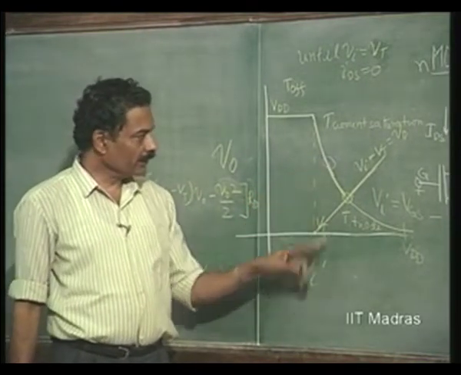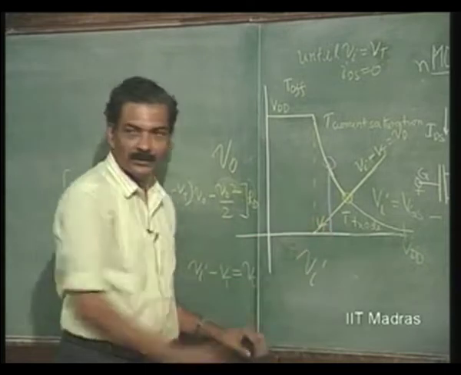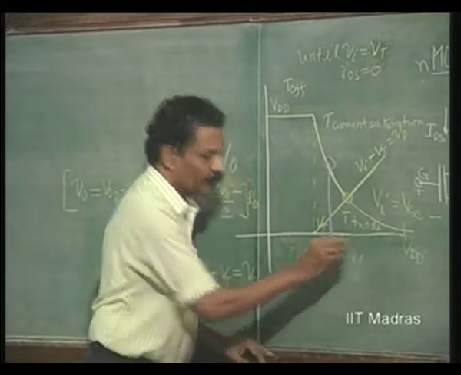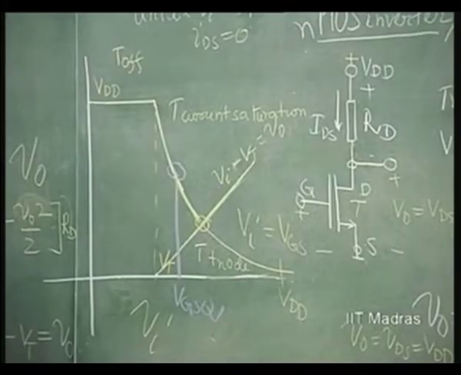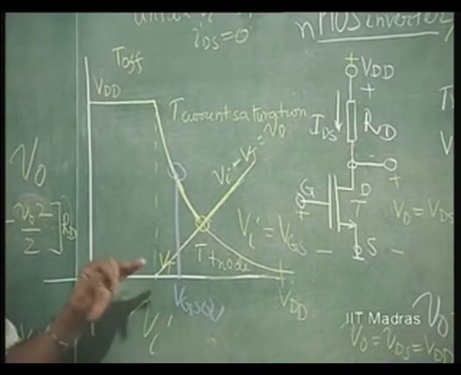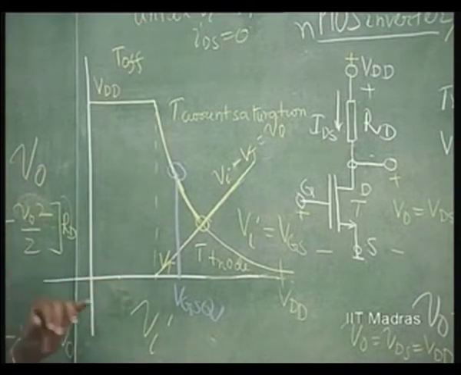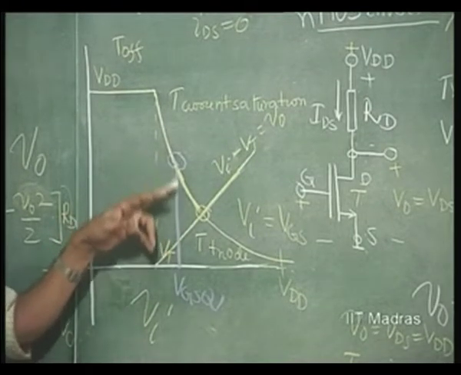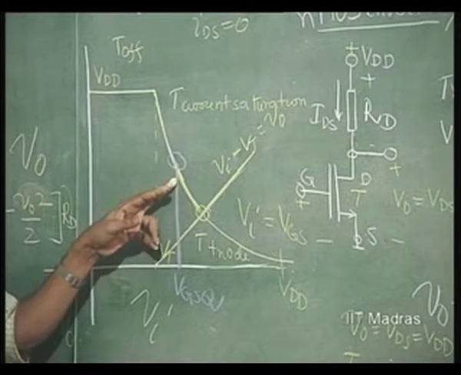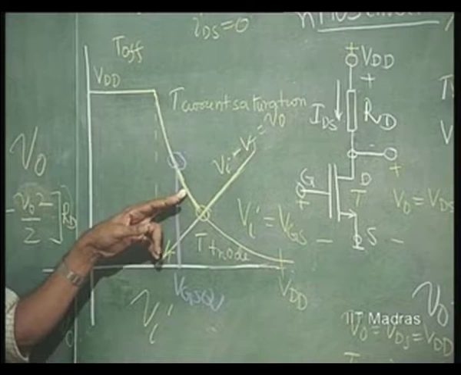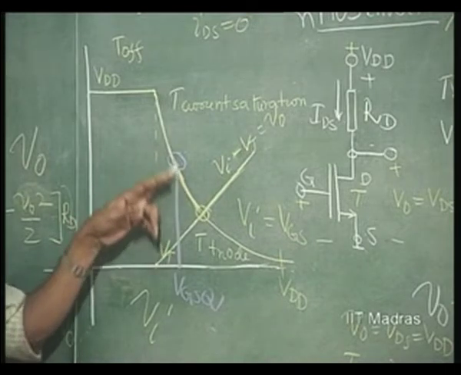I will make this as my VGS quiescent. This Vi is same as VGS. I will apply a DC voltage and then the signal will vary the VGS around this quiescent in such a manner the current is going to vary.